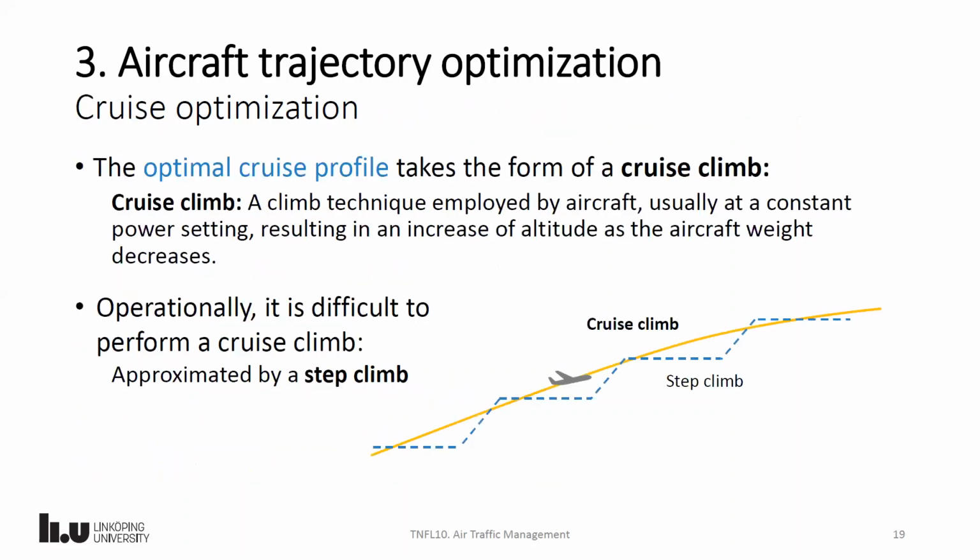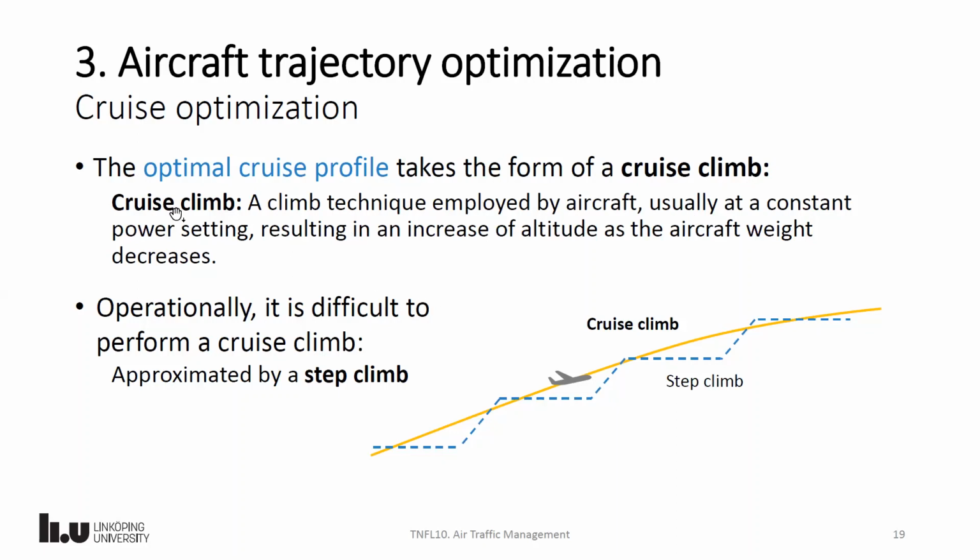So now we're going to see how we can optimize the different phases of the flight, and we're going to be focusing on cruise, on climb, and on descent. It has been proven, it's a result in the literature, that if you want to optimize your cruise, the optimal trajectory is something called a cruise climb.